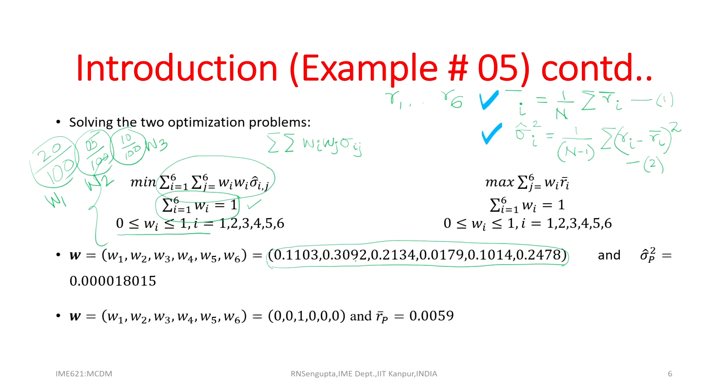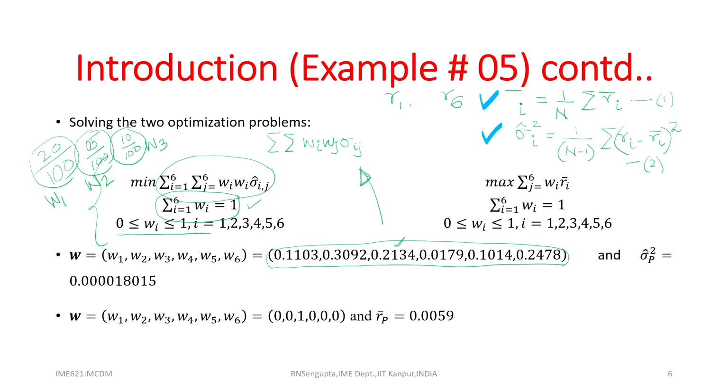When I put these weights back into the formula here, based on the standard deviation of i and standard deviation of j, which is the square root of variances for all the 6 scripts, and also utilize the correlation coefficient, the overall portfolio variance comes out to be the value given here.